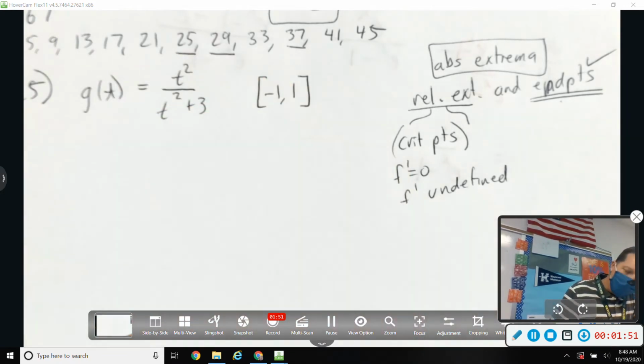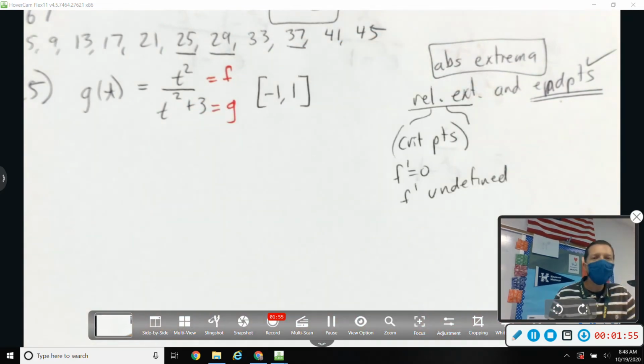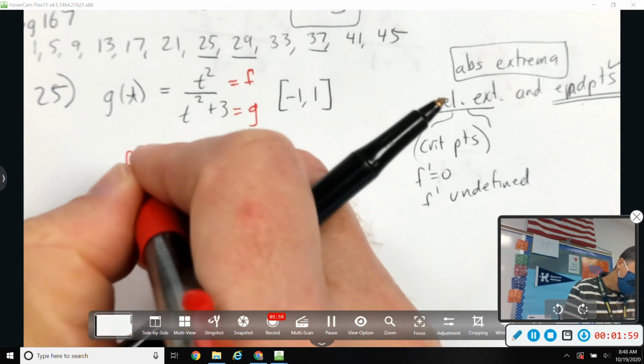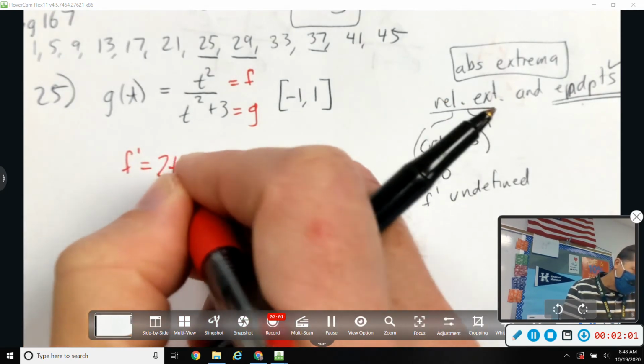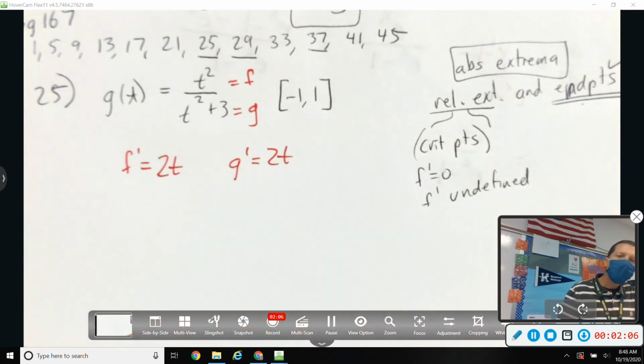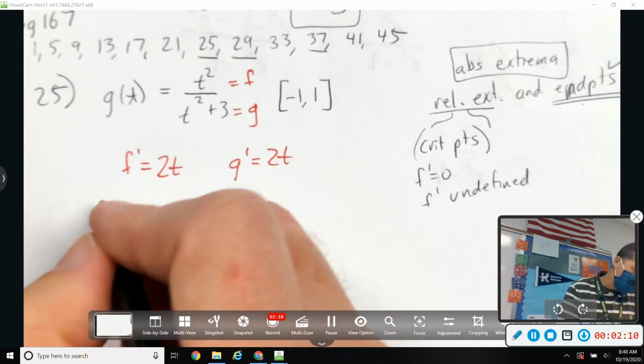And we need to do a derivative. So quotient rule. That's why I picked this one, just to see the quotient rule again. F prime is 2t. G prime is 2t. Okay, so this might be interesting, whatever happens here.